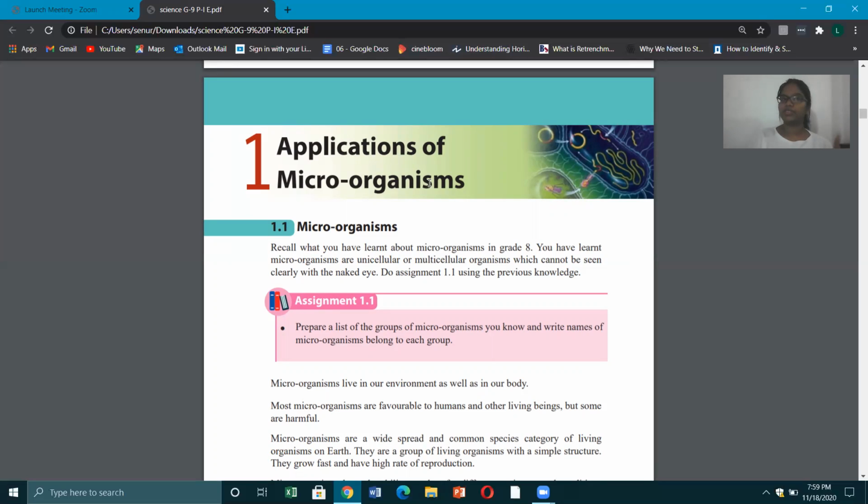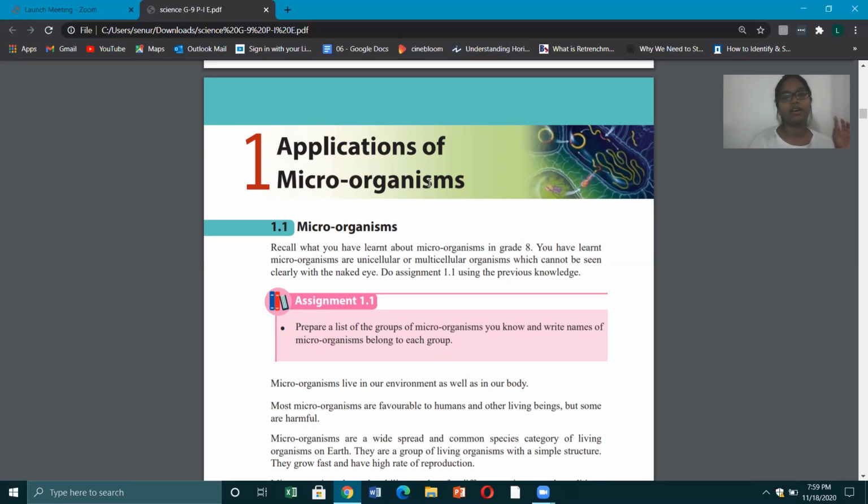Macroorganisms are the organisms who are like us. You can see them vividly even with our naked eyes without using any kind of microscope. You can see them very clearly. Just imagine you're talking with your friend and then you see an elephant passing by. You'll be able to see that elephant. So that elephant is a macroorganism.